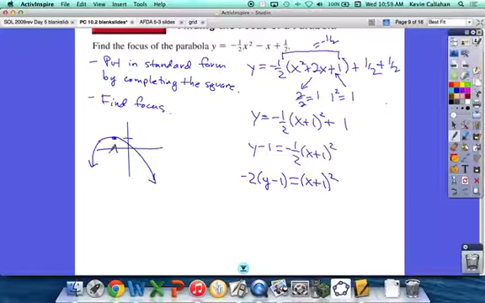What am I supposed to use to figure out how far inside to place the focus? The P. Well, where do I find the P? What does that number right there represent? 4P, right?